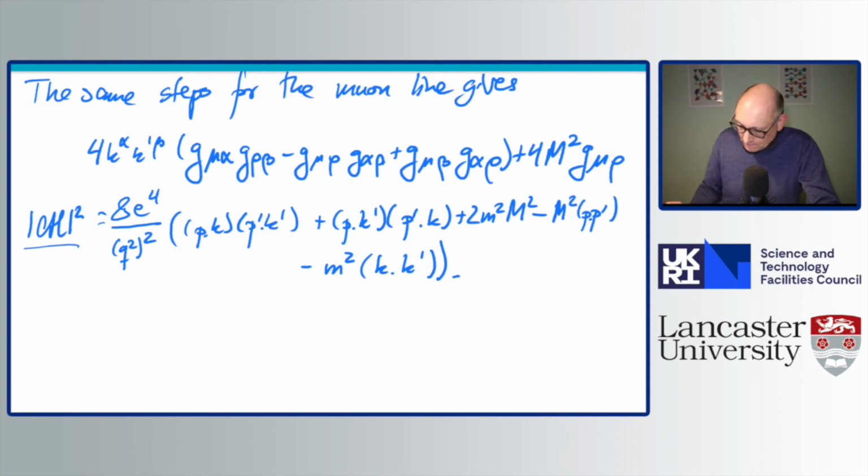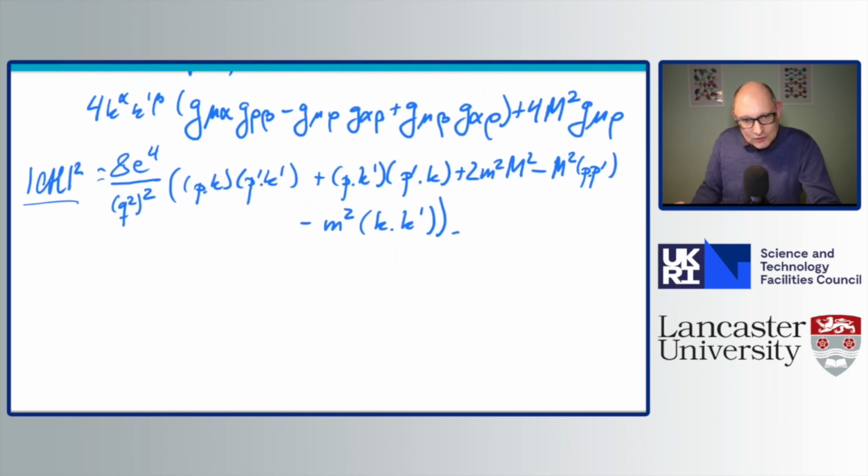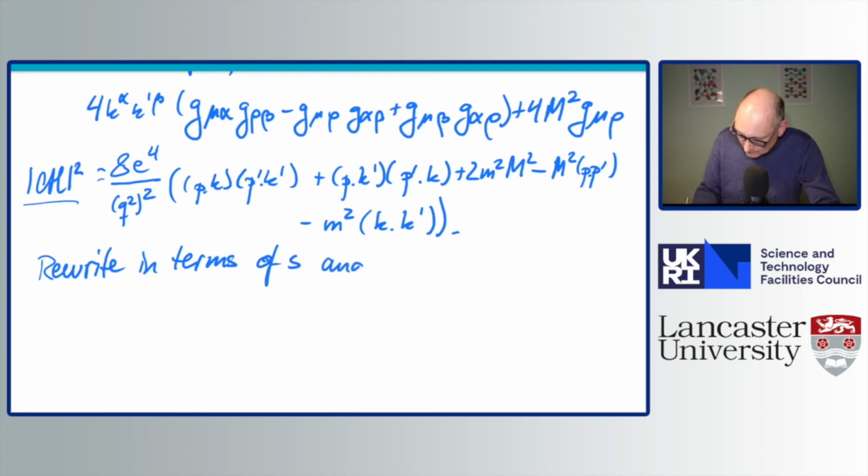Actually, it can be written in terms of the masses and the Mandelstam variables. So we can rewrite this in terms of S, which is the square of the sum of the incoming momenta, and T, which is just q squared.